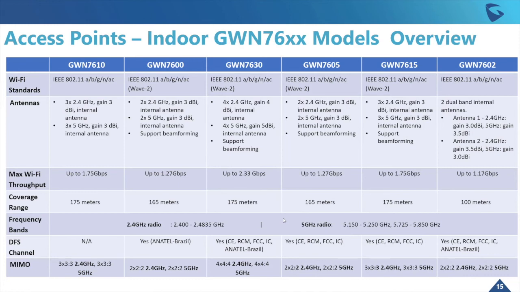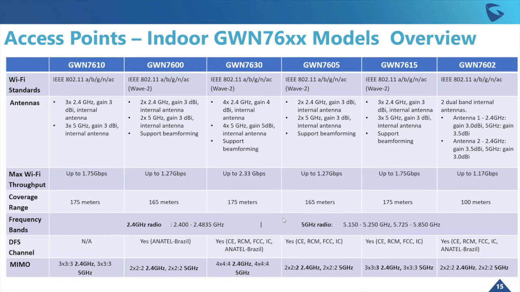And regarding the antennas, all indoor access points use internal antennas designed to transmit and receive on both bands, 2.4 and 5 gigahertz. So by looking at this chart, you will notice that all indoor GWN access points have an antenna gain of 3 dBi, with the exception of GWN 7630, which has an antenna gain of 4 and 5 dBi on 2.4 and 5 gigahertz consecutively.